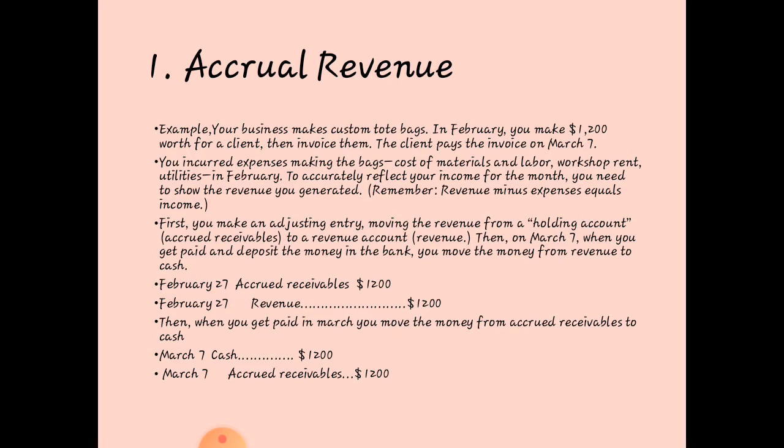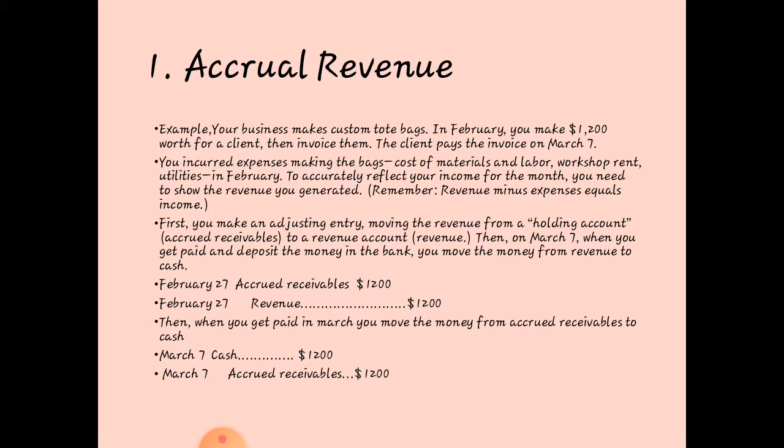When you generate revenue in one accounting period but don't recognize it until a later period, you need to make an accrued revenue adjustment. Example: your business makes custom tote bags. In February, you make $1,200 worth for a client, then invoice them.